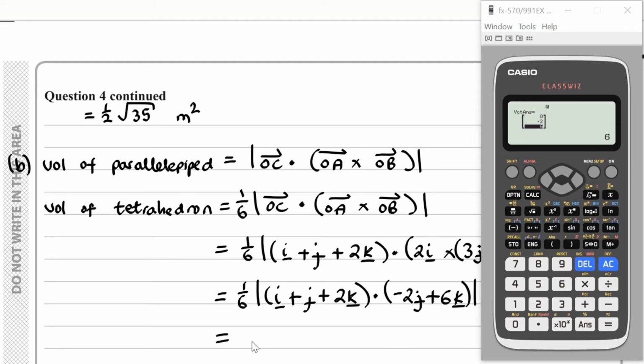If we define vector C to be 1, 1, 2, and call the vector D this thing over here, 0, minus 2, 6, we can dot product those together, vector C dot product with vector D, and we end up with 10.